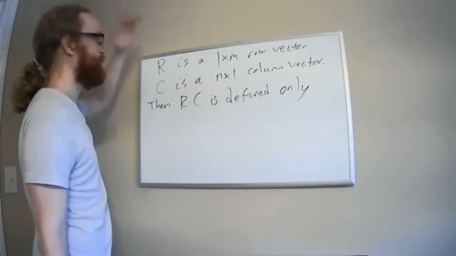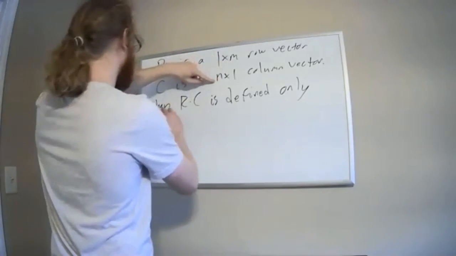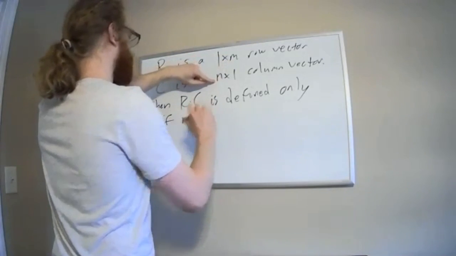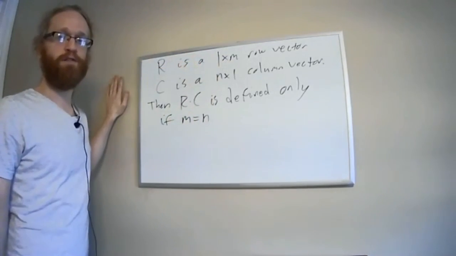And when I say match up, what I mean is m and n better be the same number, i.e., this row vector and this column vector better have the same number of entries in them.